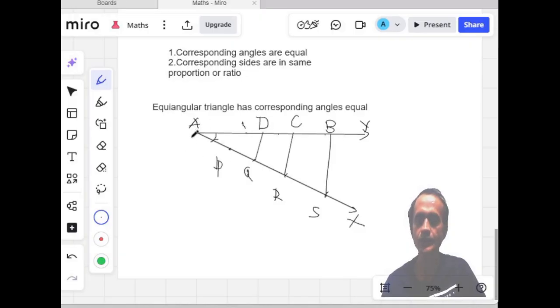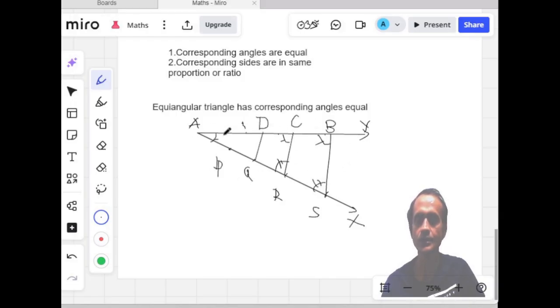And if we take these two triangles ARC and ASB, then their corresponding angles are equal because these two lines are parallel, so their corresponding angles are equal, and this angle will be equal to this angle.